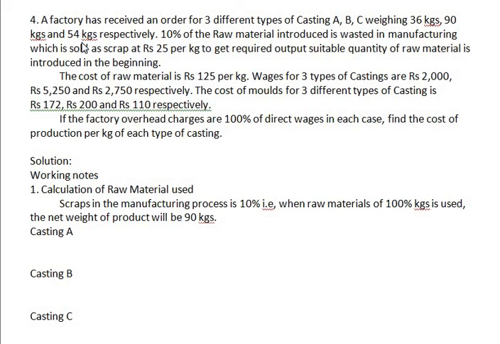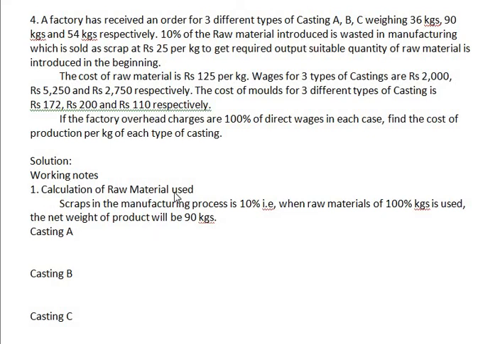This is after deducting 10%. But whenever they are introducing materials, there will be no wastage, so we need to take 100% of the kgs used, but we don't know how many kgs that is. So here is a working note for that.